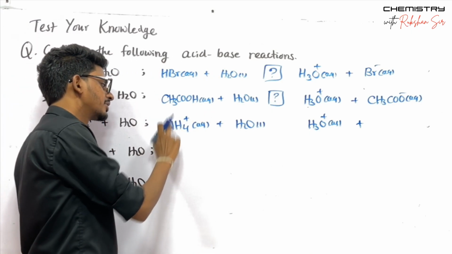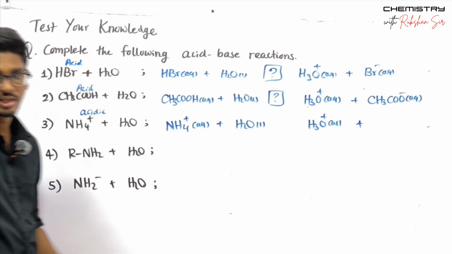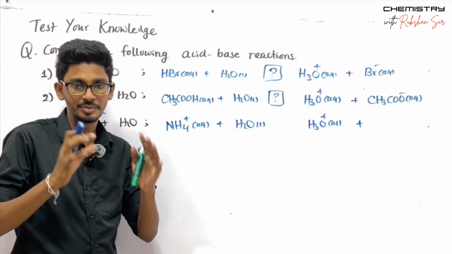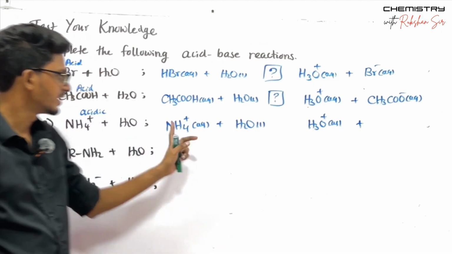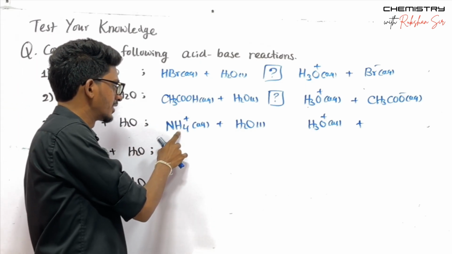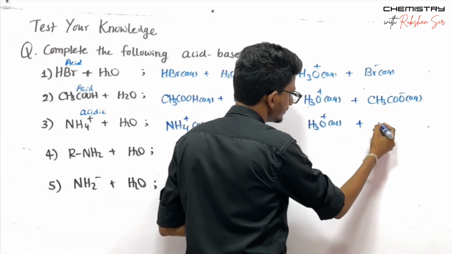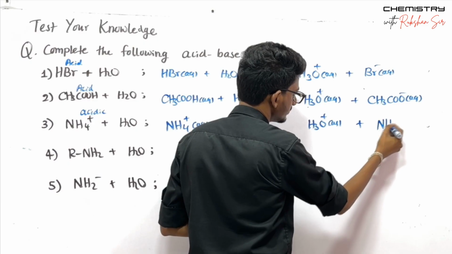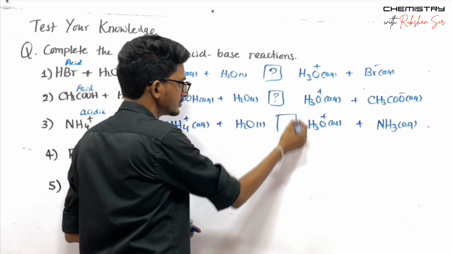Conjugate base means you release an H plus and write. Base means the species with fewer H pluses, so that is NH3. Release an H plus from here, it's going to be NH3. Physical states should be written.